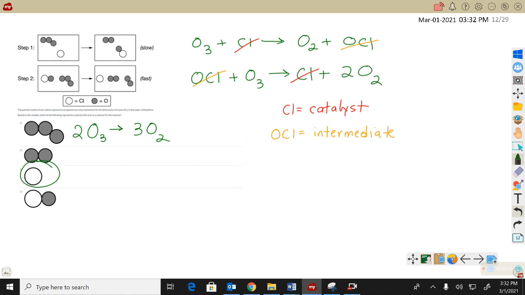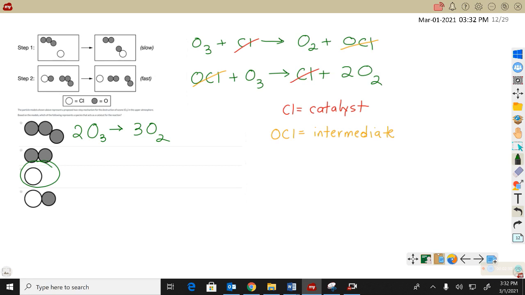In this case, it should be the chlorine atom. That one open white circle would be a chlorine atom. I add it and then I get it back. The other option would be an intermediate. Intermediates also cancel out, so they don't appear in the final balanced equation, but an intermediate will first show up as a product.